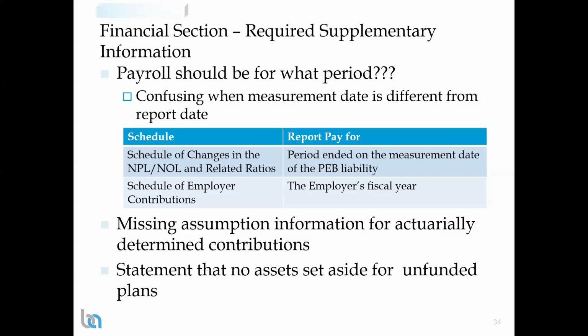This is often confusing, because CalPERS, when they issue their agent multi-employer plan GASB 68 information, has a schedule of contributions, and underneath that schedule, they have the actuarial assumptions that went into that required contribution.